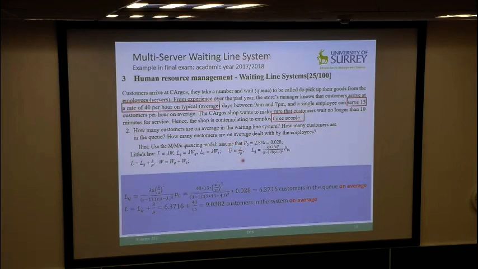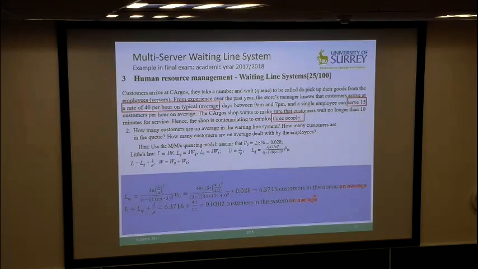This is the effective utilization, so we only consider this. Okay, so LQ, we just did this. It is 6.3716. And lambda is pretty simple: we have 40, and mu is 15. So substituting everything, we got roughly 9.03 customers in our whole system.